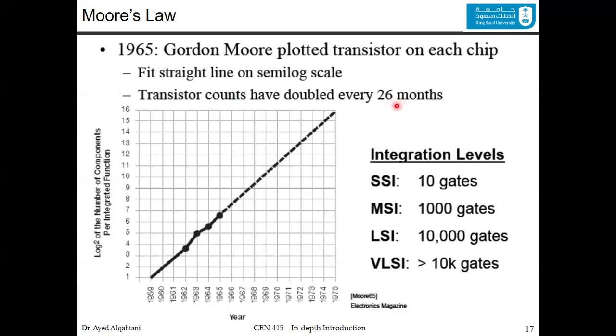Anyway, the important part here is that the relation is linear. And you can see the integration level at that time: small scale integration was 10 gates, the MSI is 1,000 gates, the LSI is 10,000 gates, and the VLSI was more than 10K, which is basically now a huge number. We're talking about billions of transistors.